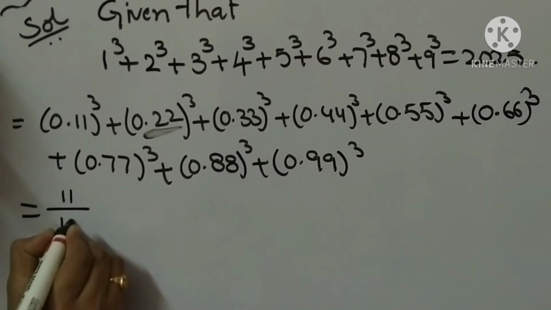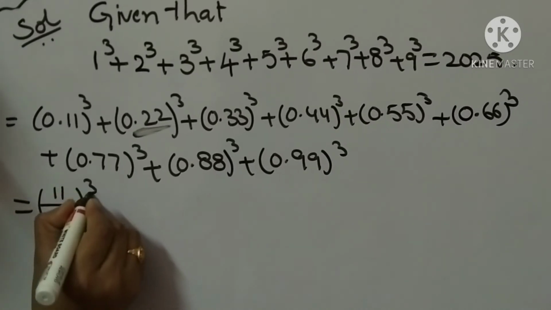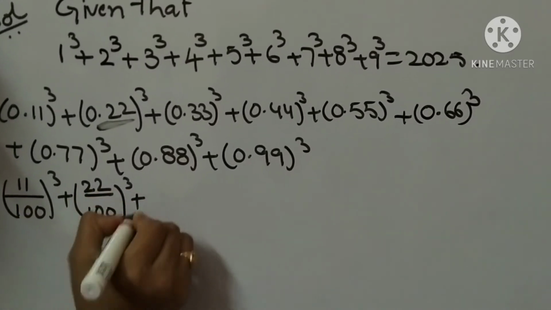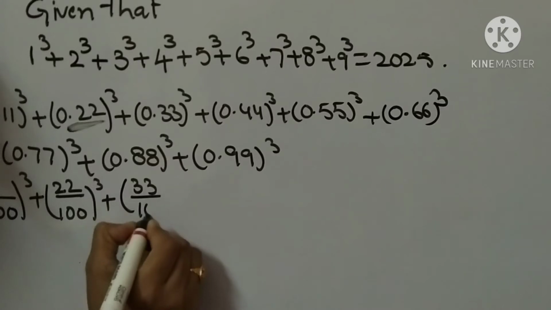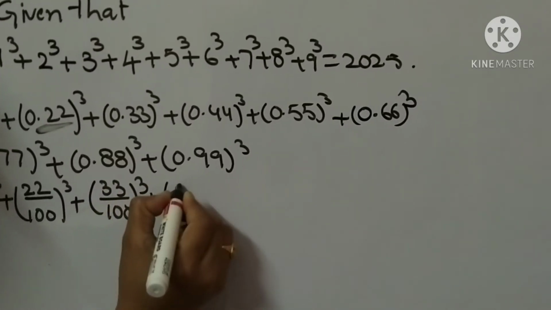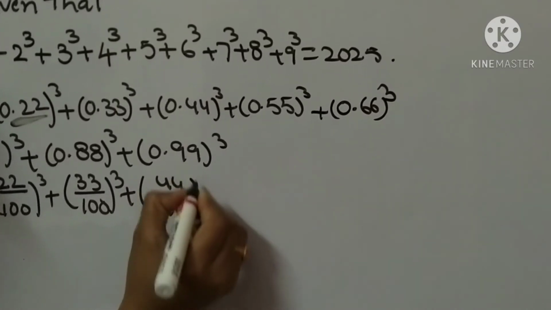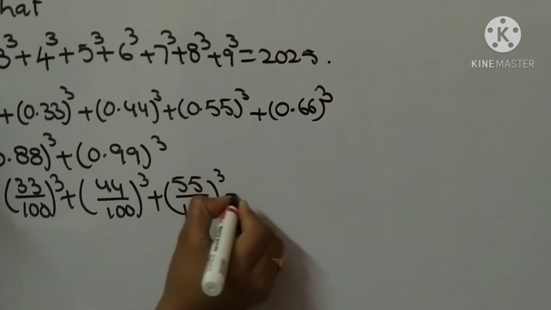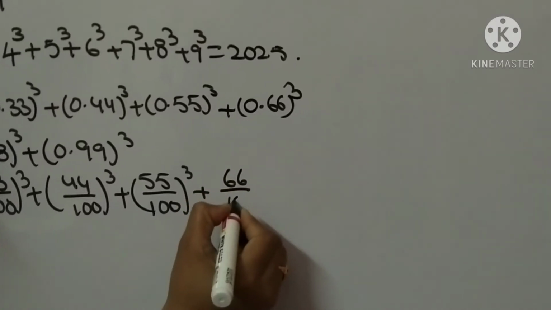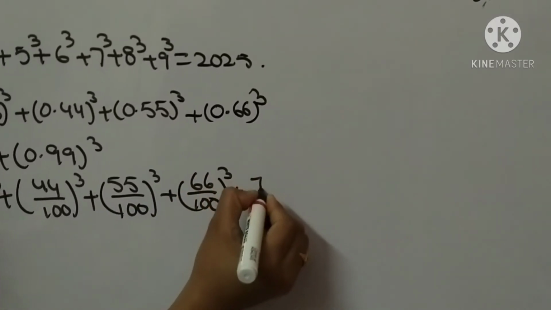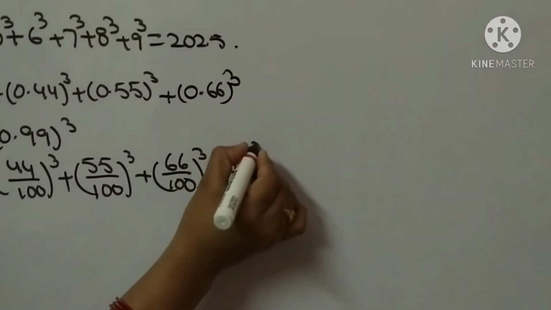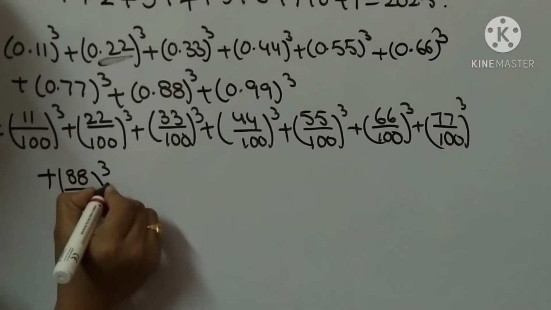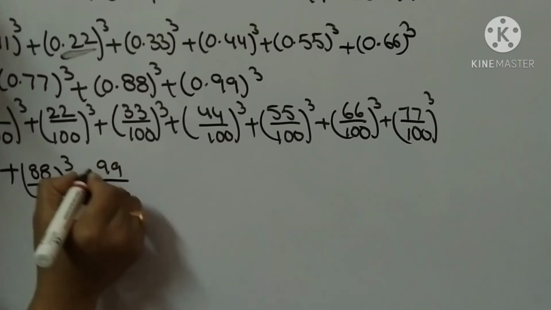So we should write the denominator as 100. All are written with denominator 100: 11 by 100 whole cube plus 22 by 100 whole cube plus 33 by 100 whole cube plus 44 by 100 whole cube plus 55 by 100 whole cube plus 66 by 100 whole cube plus 77 by 100 whole cube plus 88 by 100 whole cube plus 99 by 100 whole cube.